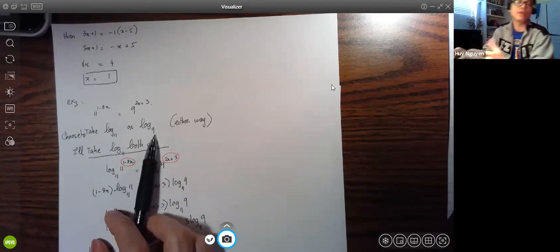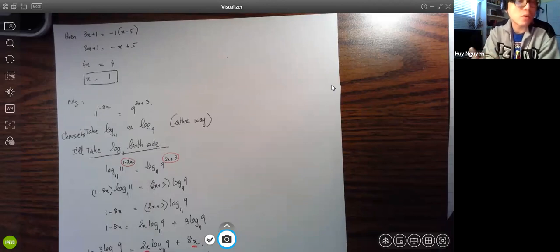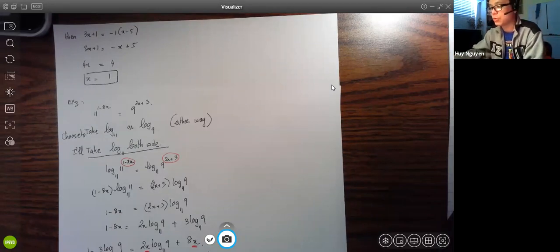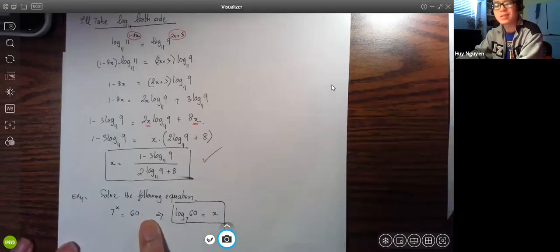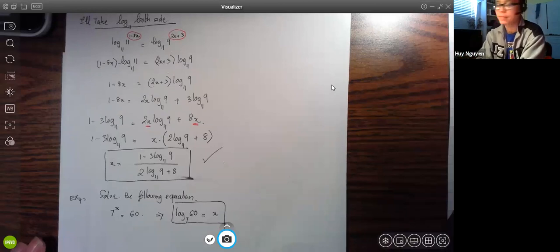You can also take natural log or log base 10 if you want. When you apply the log principle to go backward, it's kind of hard to see.